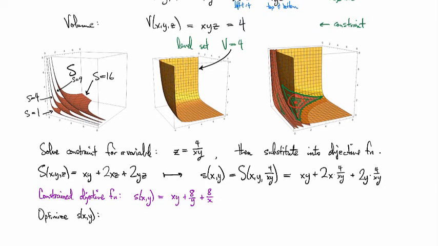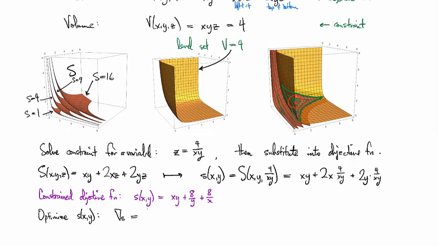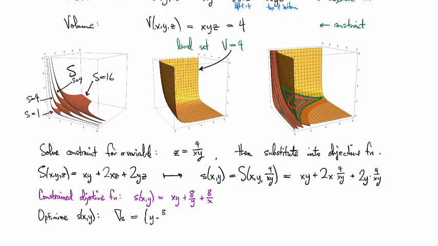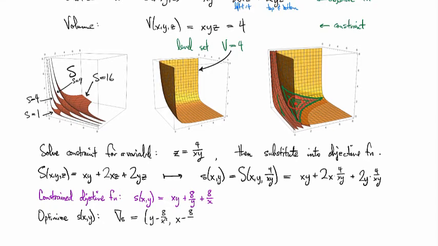So the gradient of little s is going to be, we take the first partial with respect to x, and we get y minus 8 over x squared, and the first partial with respect to y, and we get x minus 8 over y squared.